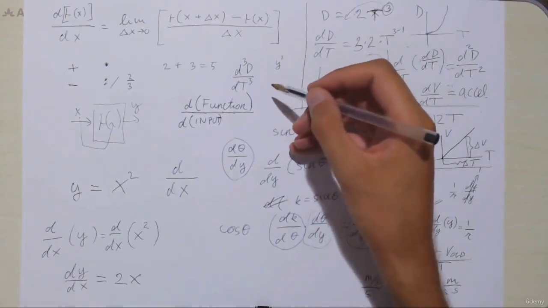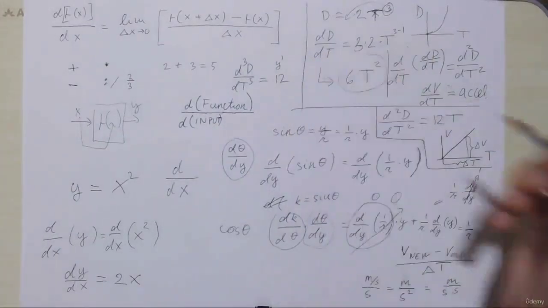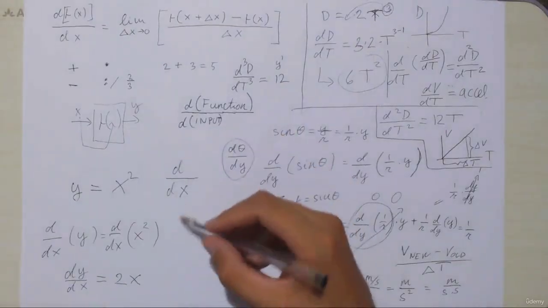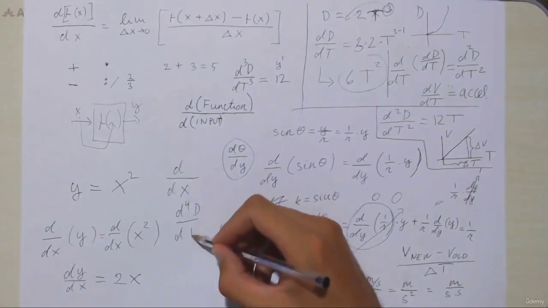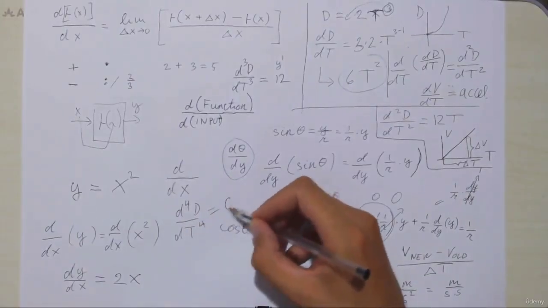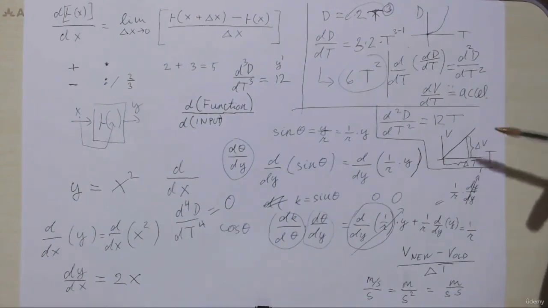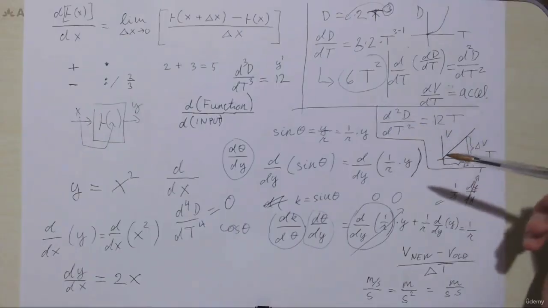It would tell you how much the acceleration changes, and that would be just 12. You can also take the fourth derivative, and then if you take the fourth derivative, d to the 4 of d over dt to the 4, then you would have 0. So you just need to remember that taking a derivative is just taking a change. Every time you take a derivative, you get the change of that function with respect to the input.